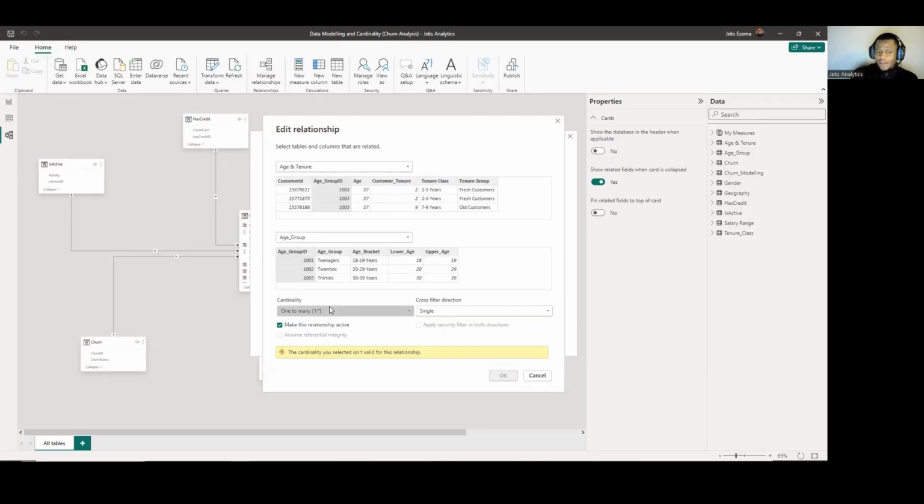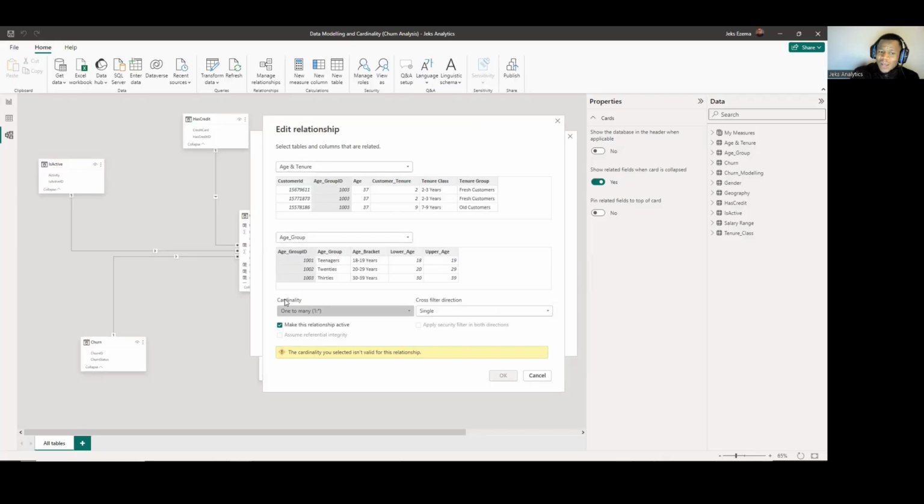You see? The cardinality you selected isn't valid for this relationship, because automatically Power BI matches the relationship. So if you select it manually and you select the wrong one, it will tell you this is a wrong cardinality. Do you know why? Because this is the fact table and this is the dimensional table.